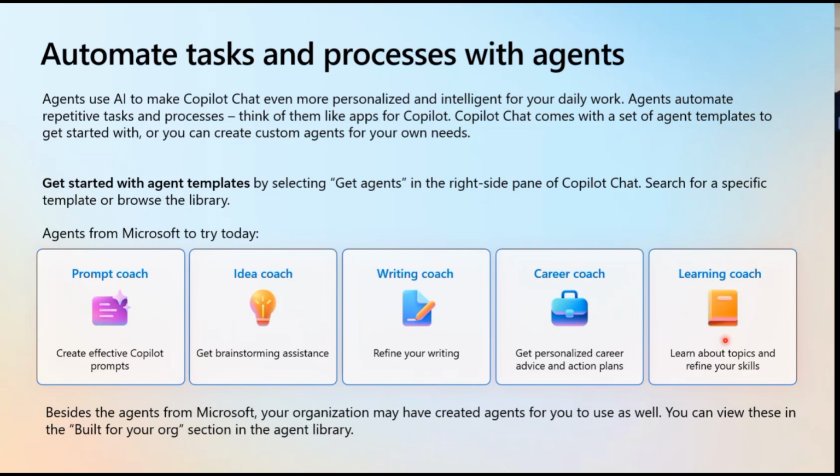But the use of agents itself, you do not need a license to do that. You could make use of agents, so long as the agents have been made available by your organization, or someone in your organization who has a Copilot license created an agent and shared the agent with you. You can make use of that agent. Making use of the agent, no problem.